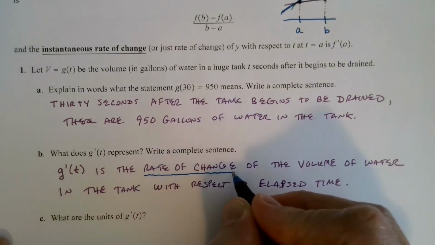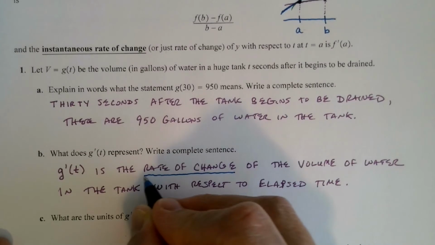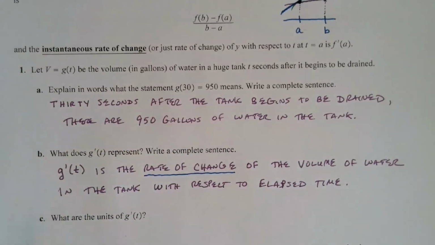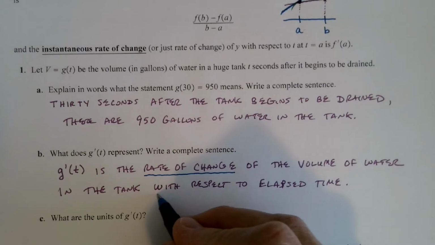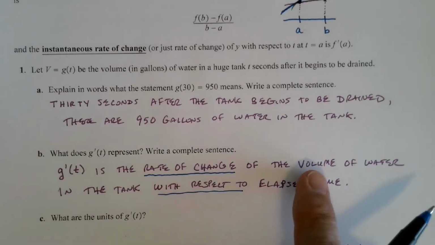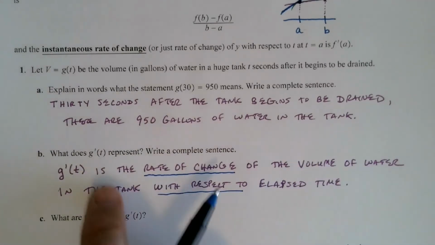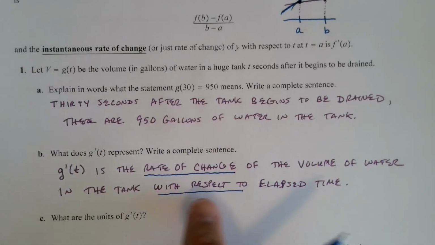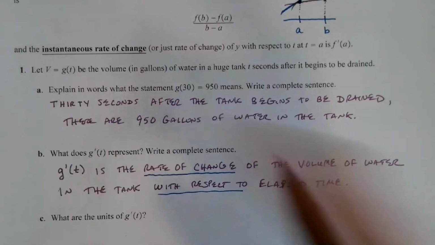That's going to be critical. It's not the change, it's the rate of change. There's a difference. It's not the change in the volume of water in the tank, it's the rate that it is changing. And also, right, with respect to, you always have that here. And so it's the rate of change, and it's always going to be the dependent variable or output to your function with respect to what? The independent variable or input to the function.